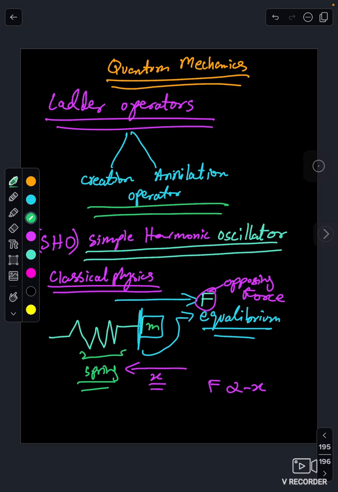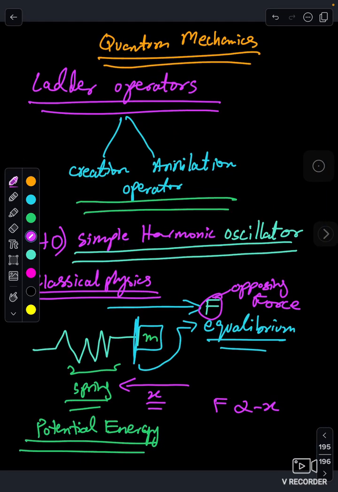So now we will make a potential energy. This is the main point of the simple harmonic oscillator. A mass connected to a spring which is moving back and forth has potential energy in terms of the spring, not height. So here what will be the equation?